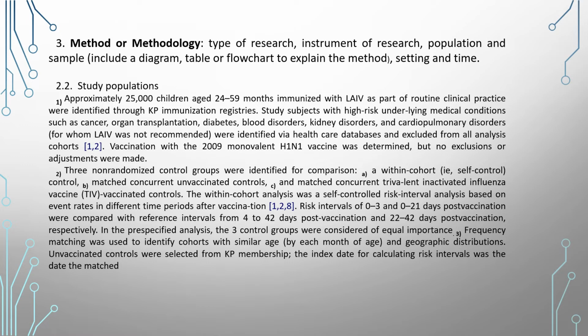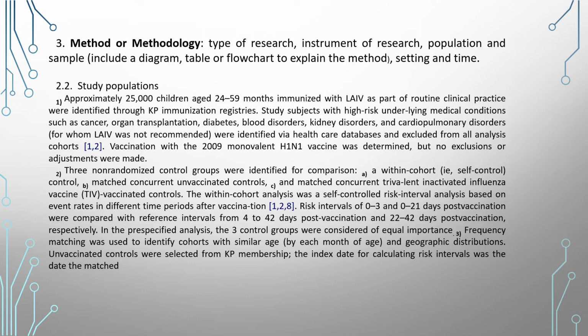Vaccination with the 2009 monovalent H1N1 vaccine was determined, but no exclusions or adjustments were made. Three non-randomized control groups were identified for comparison within cohort: self-control, matched concurrent unvaccinated control, and matched concurrent trivalent inactivated influenza vaccine vaccinated control.